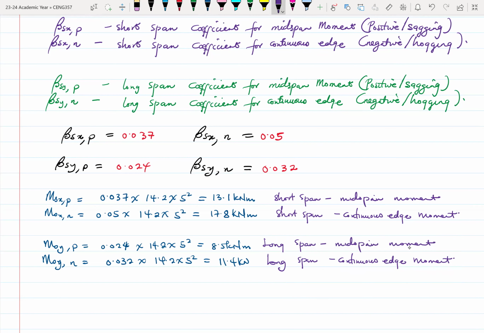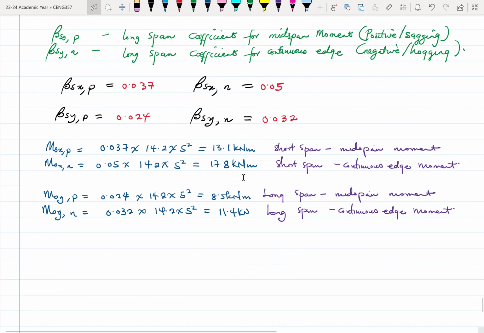And then, once you get your moments, the next thing will be to design the reinforcement. Just know that in this case, at the support, and this is peculiar for this particular slab, for other slabs it might be different.